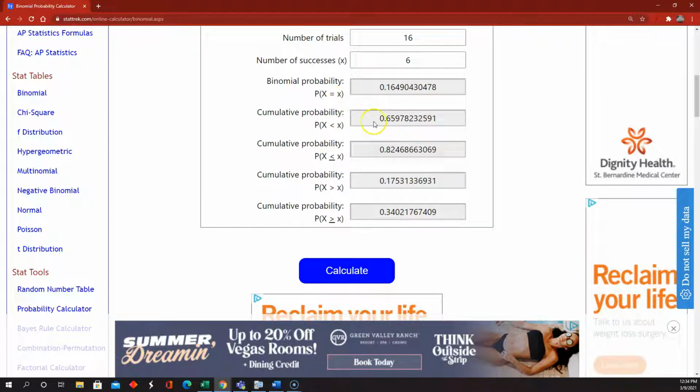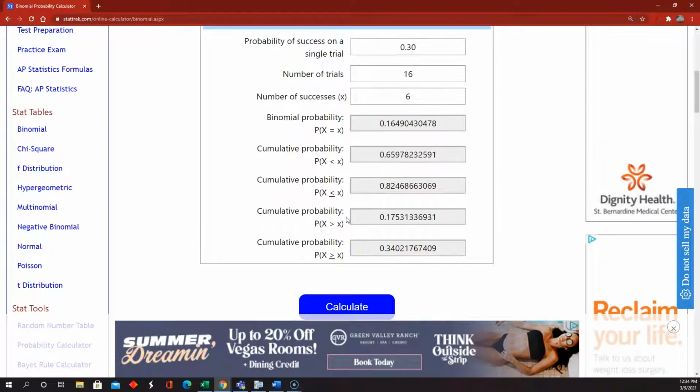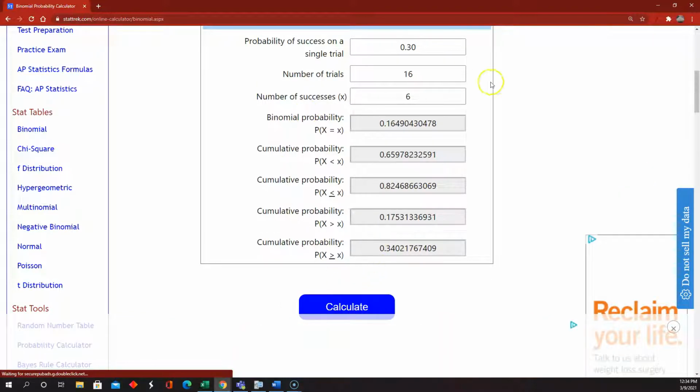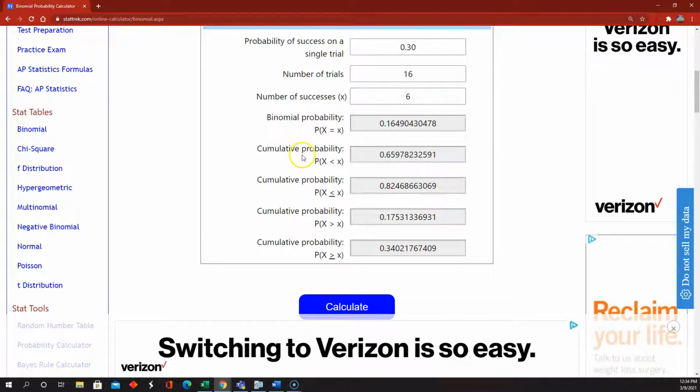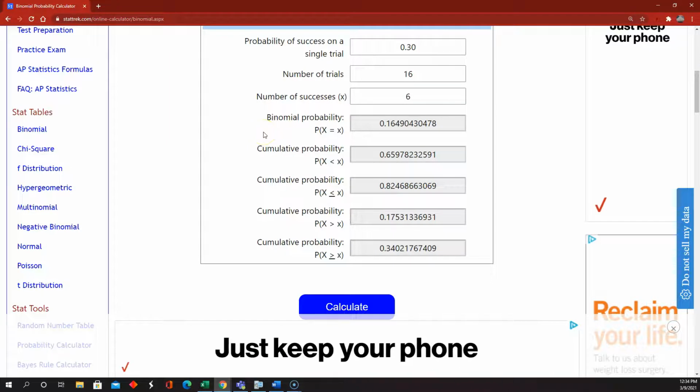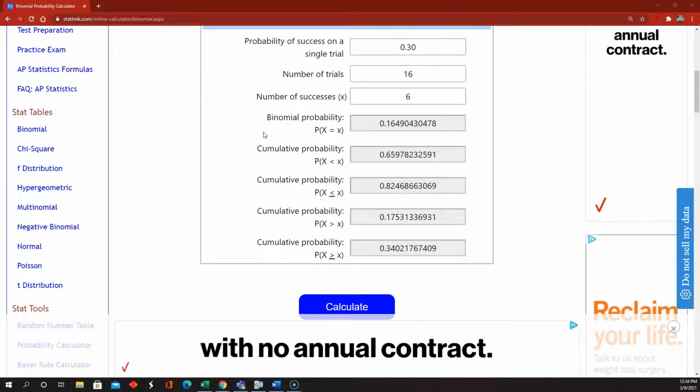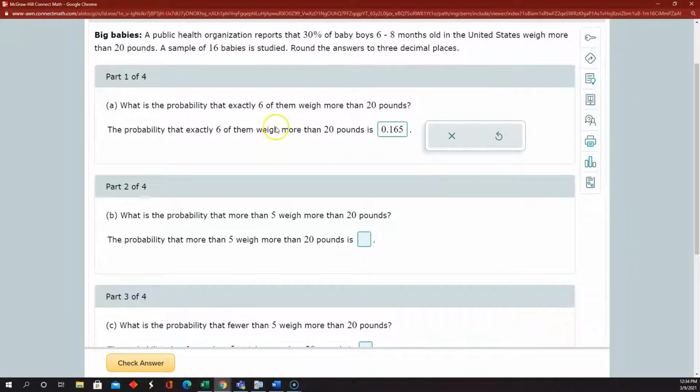Then it also tells you the probability of less than 6, the probability of less than or equal to 6 successes, the probability that we have greater than 6 successes, or the probability we have greater than or equal to 6 successes. So every probability we could want related to binomial probabilities is spit out by this. But anyways, we want the 165 for this one.